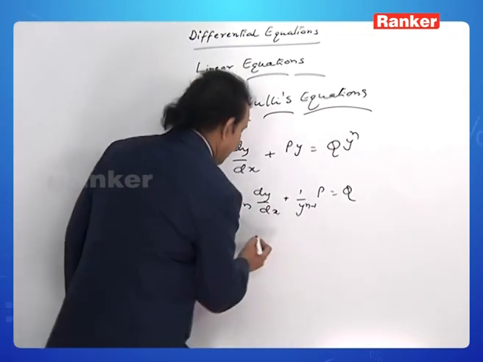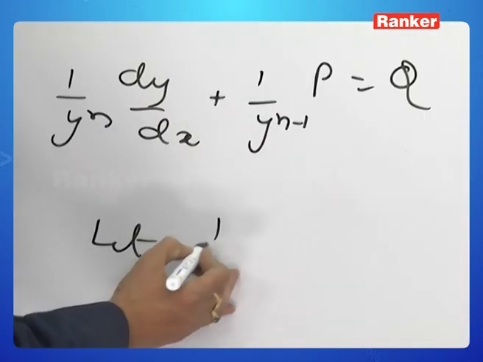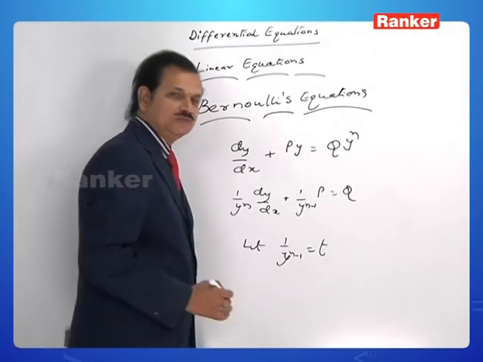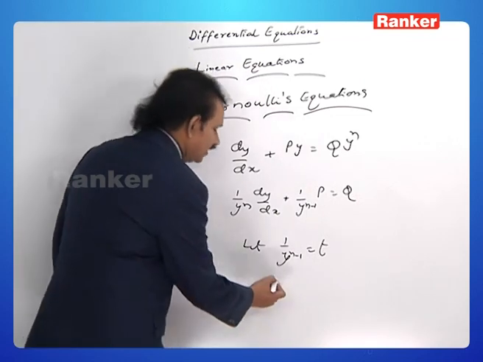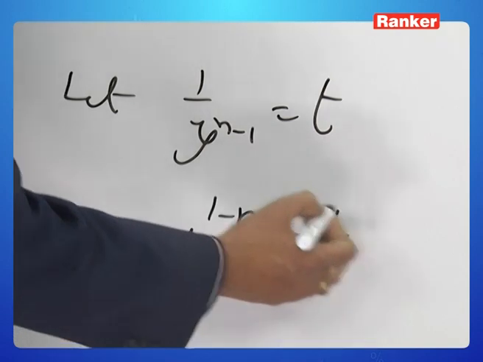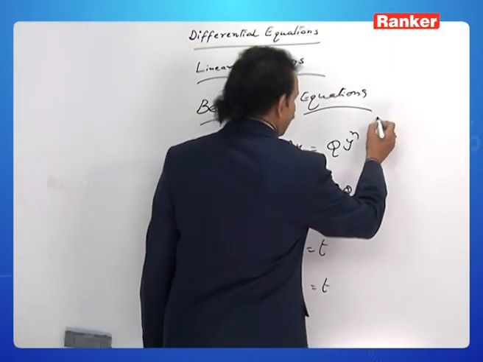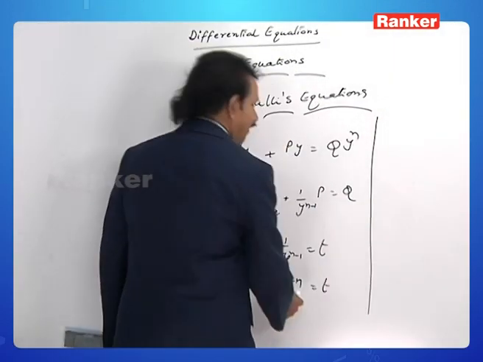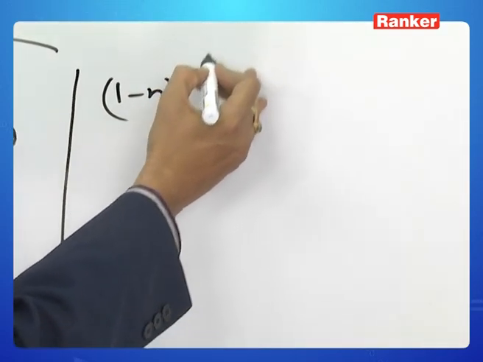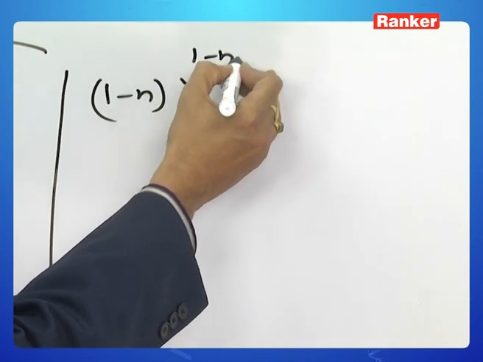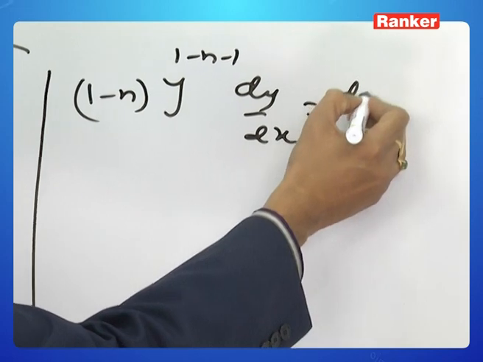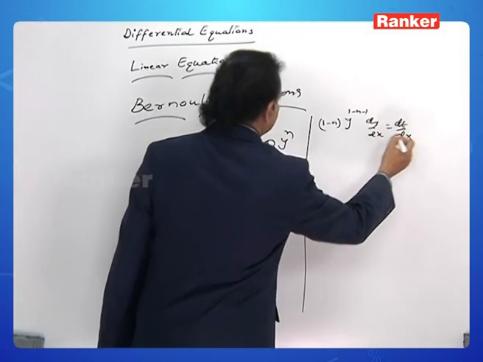Now, let 1 by y power n minus 1 be equal to t. Suppose y power 1 minus n is equal to t, isn't it? Therefore, 1 minus n into y power 1 minus n minus 1 into dy by dx is equal to dt by dx, isn't it?